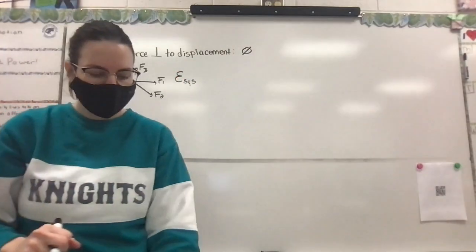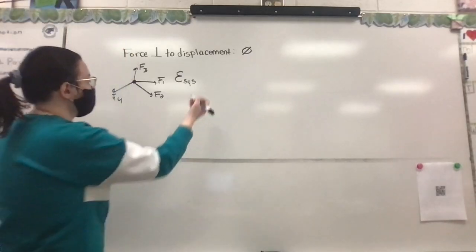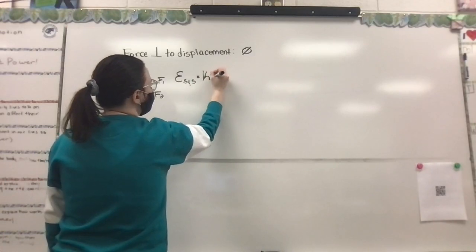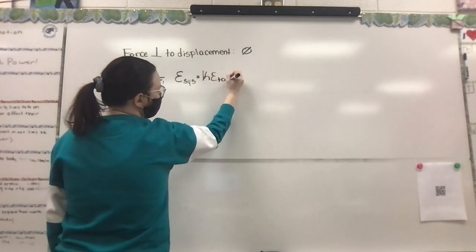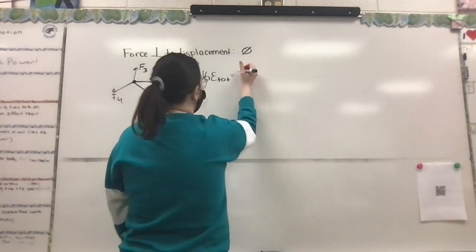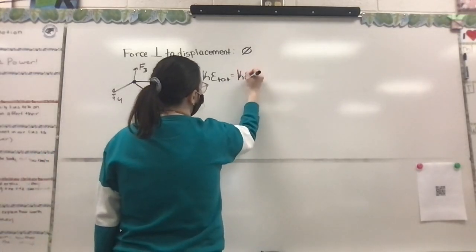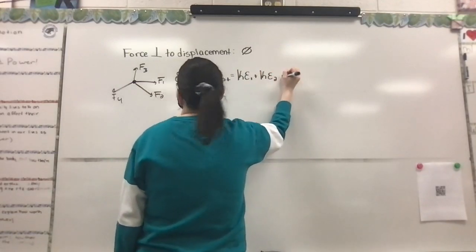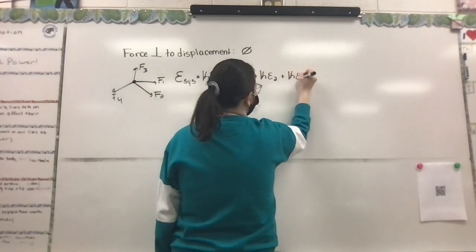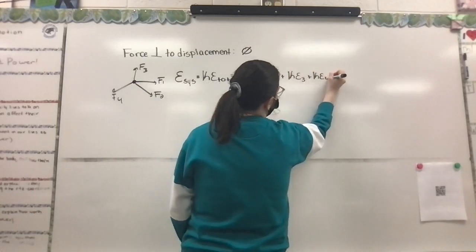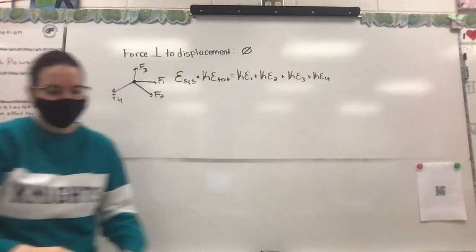And that means that we need to figure out what the total kinetic energy of the system is, which means that we're going to have to add up all of the separate kinetic energies in order to find our work.